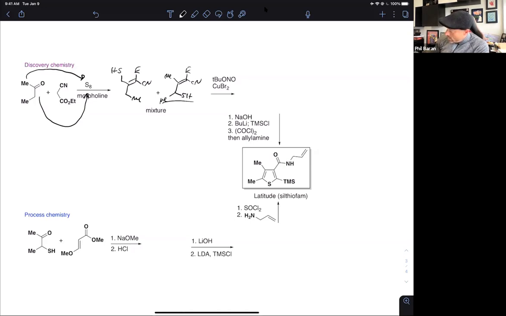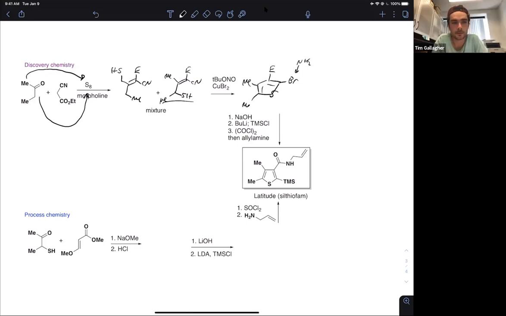So after the Gewald happens, I can do a Sandmeyer reaction to give, where the NH2 used to be, a bromine in its wake. Is it easy to control that tautomer? Nope. No? Okay. Not for methyl versus ethyl. That's a challenge.